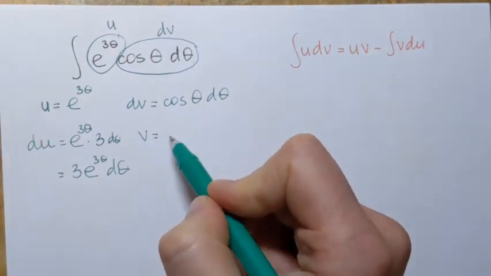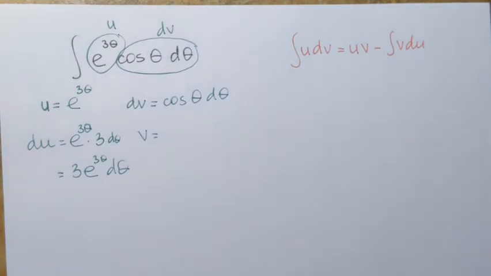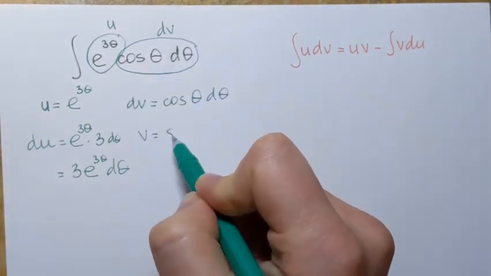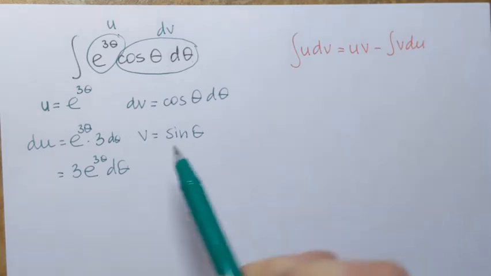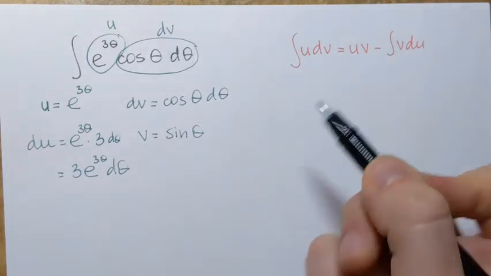Now to find v, let's obtain the antiderivative of cosine. The antiderivative of cosine is sine of theta. Okay, so now we have all the pieces to continue with the formula.